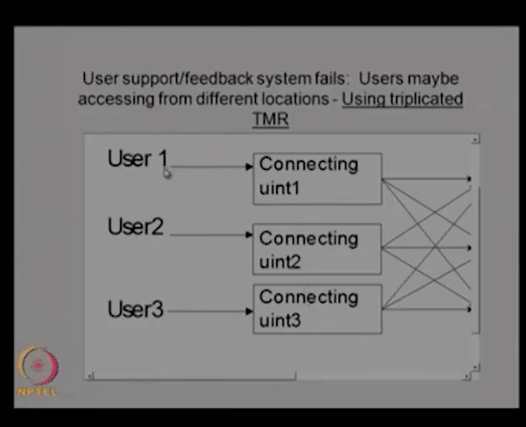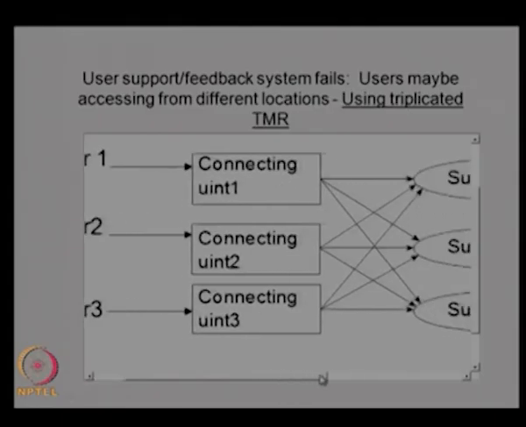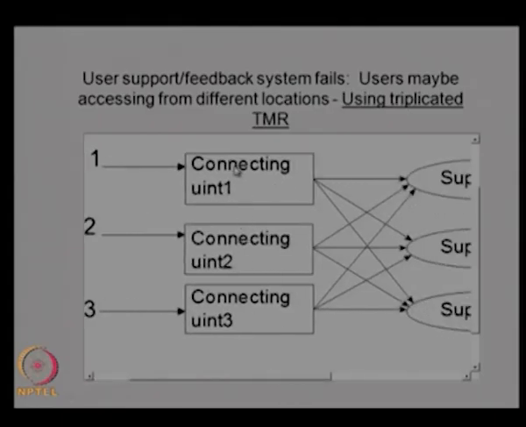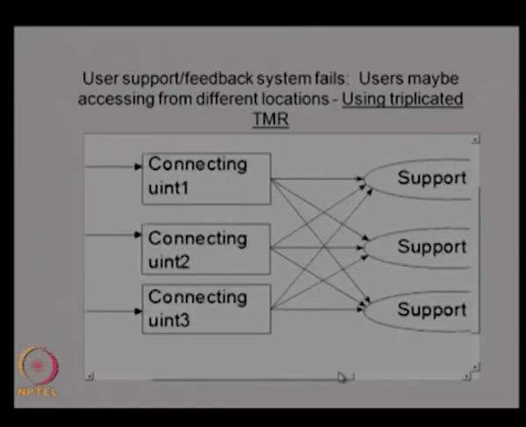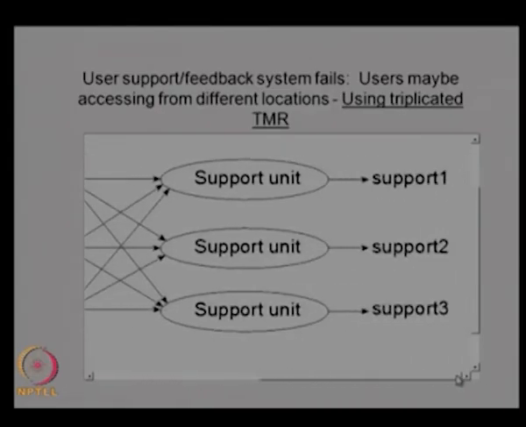So for the user data, if we are using a keyboard or any other interface device and that fails, we need to have additional devices to provide the interface. So we can have them in the triplicated TMR model, so that any failure in one of the inputs can always be taken care of using these methods. That is one way of providing the standby sparing methods.